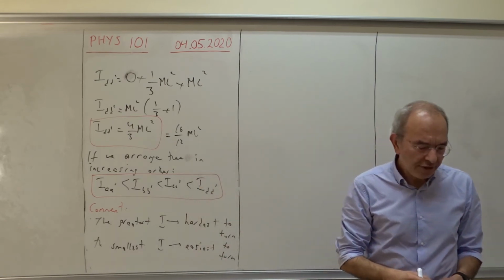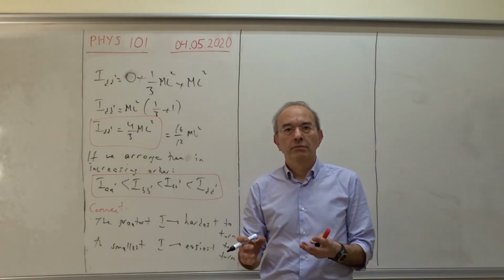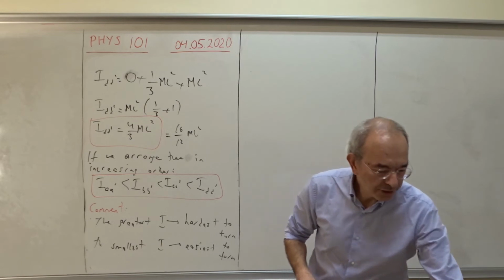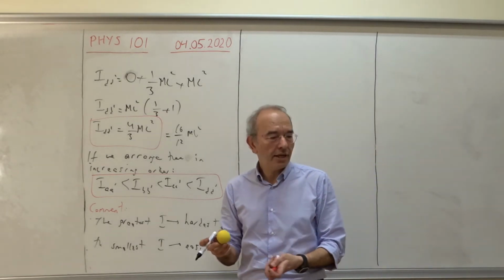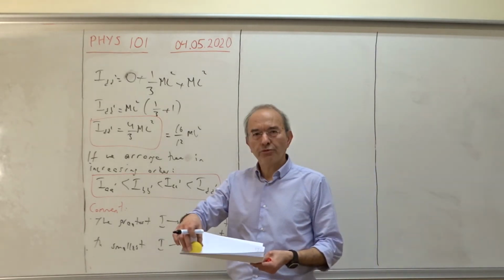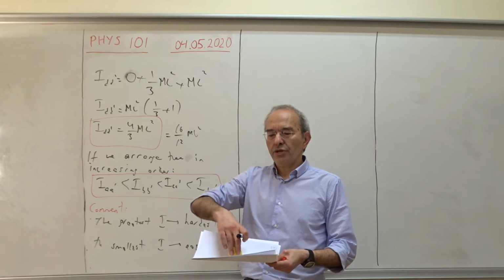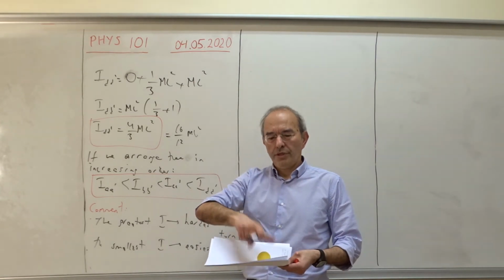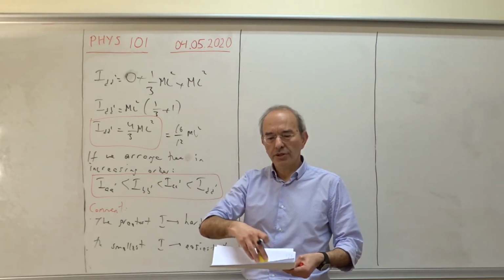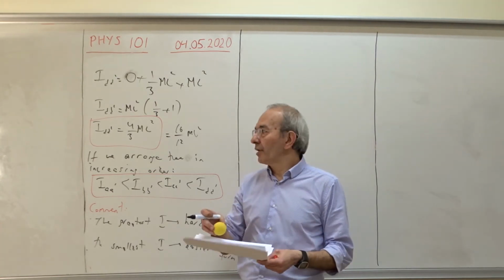For instance, when we have a ball, this ball is a spherical object. If it is turning in the same place, like this, around in the same position, it only has rotational kinetic energy, which is 1/2 I omega squared.